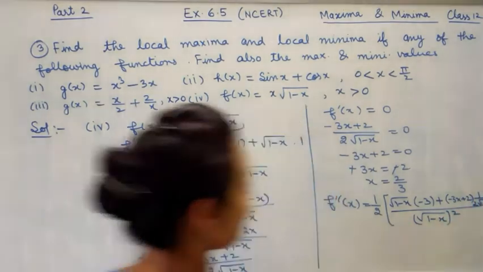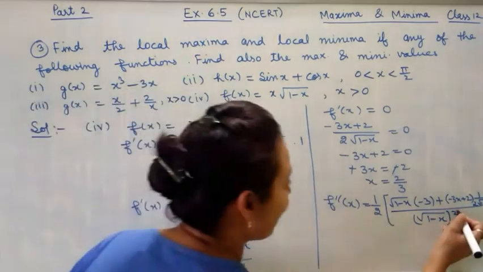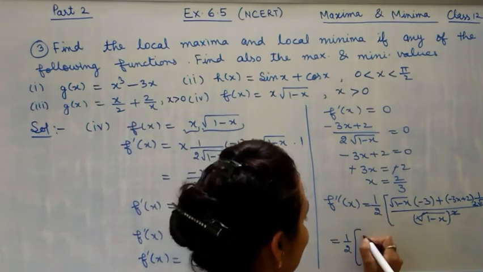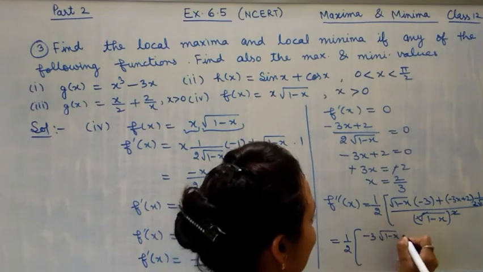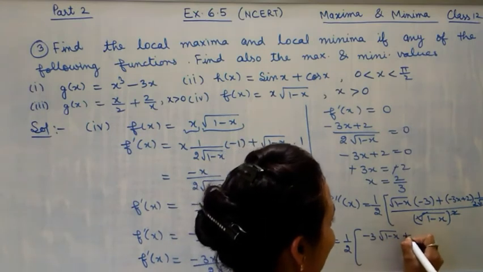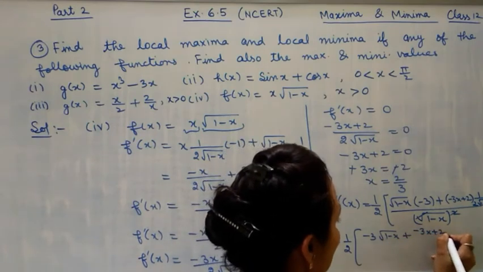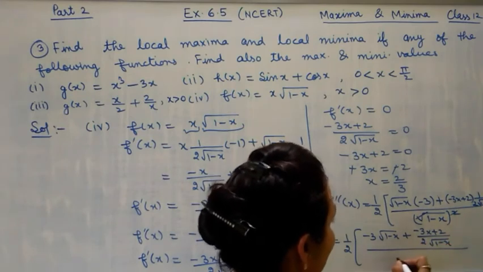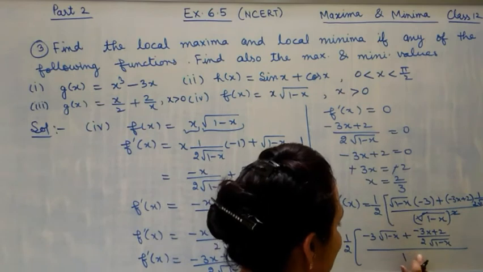So I will close this. Now square and root will cancel. Half as it is, when I apply minus 3 under root 1 minus x plus minus 3x plus 2 upon 2 under root of 1 minus x divided by 1 minus x, right?